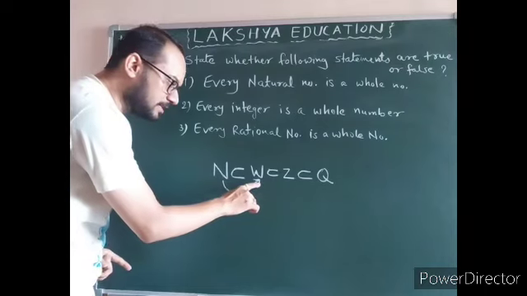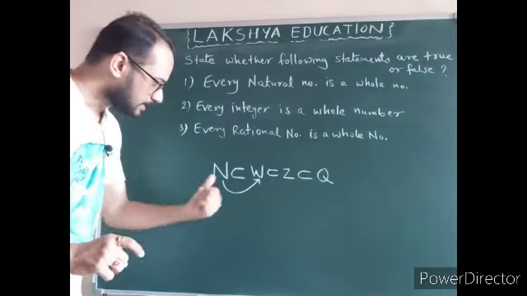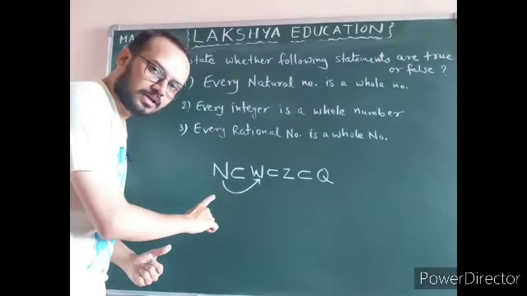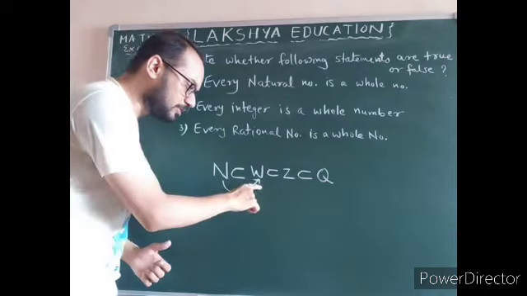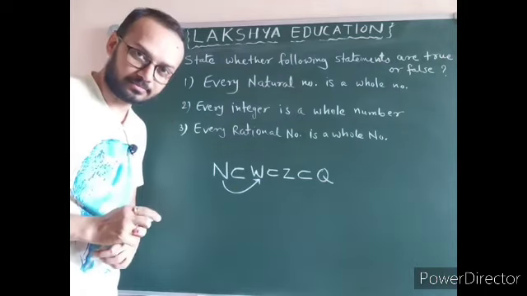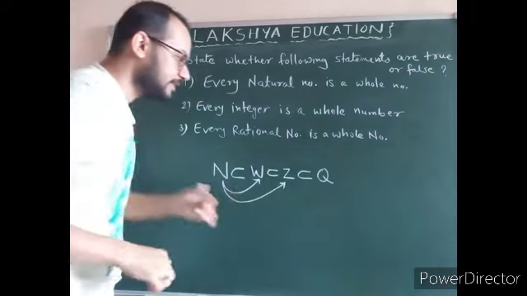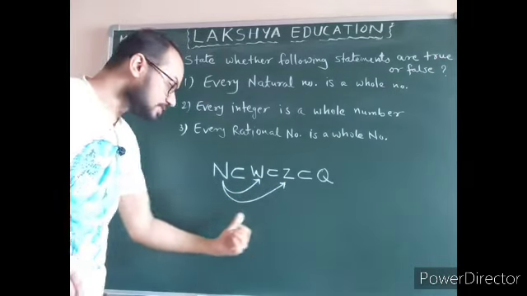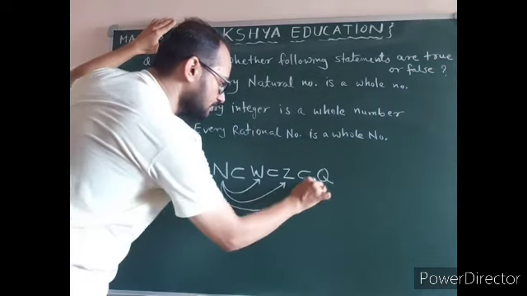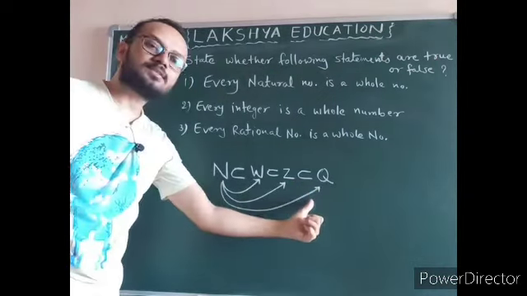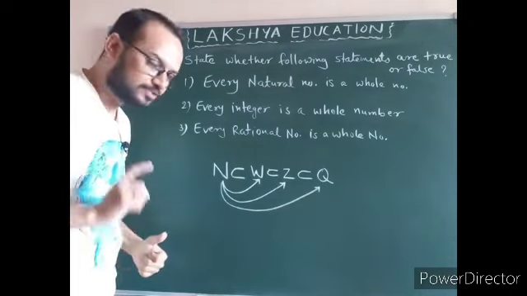Means we cannot say that every whole number is a natural number. Similarly, every natural number is an integer, but every integer is not a natural number. Moreover, every natural number is a rational number, but every rational number is not a natural number.